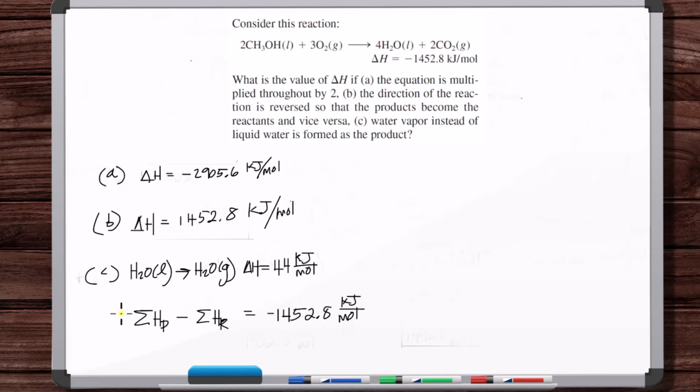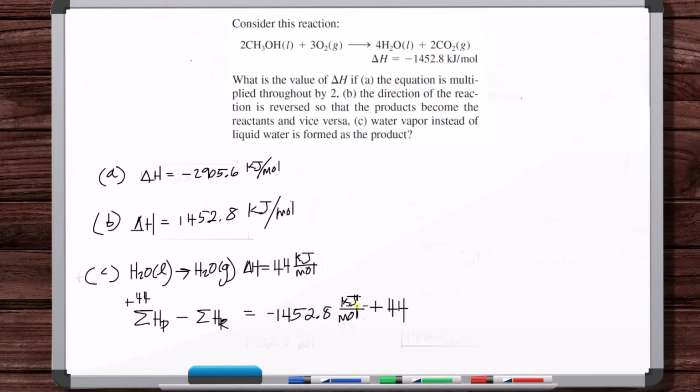So what we're changing is this sum here, we're adding to it, right? We're incorporating the increase in enthalpy of the products due to going from H2O liquid to gas. Well, if you look at the units, we just need to add 44 here. So to maintain the equality, you just add 44 here.